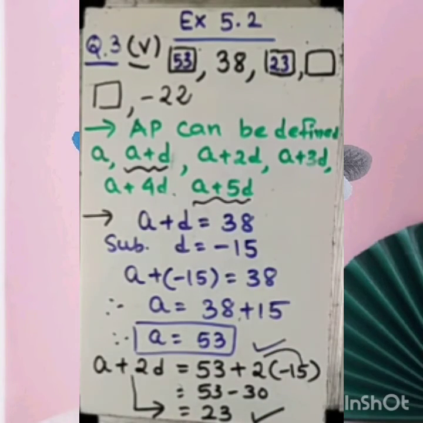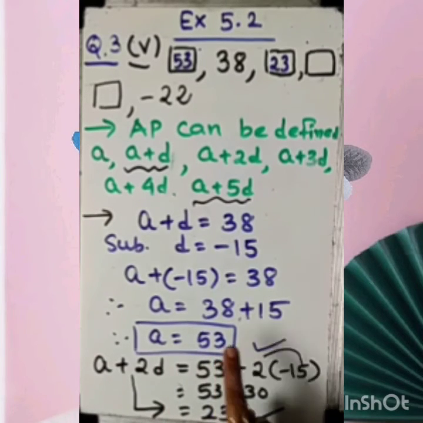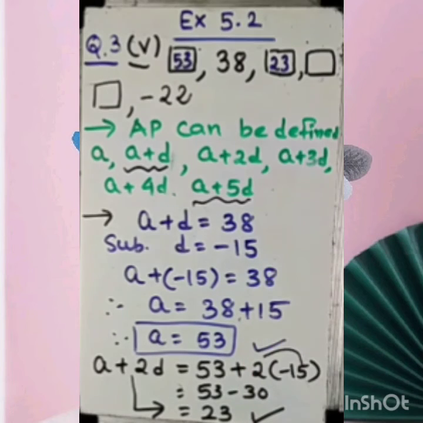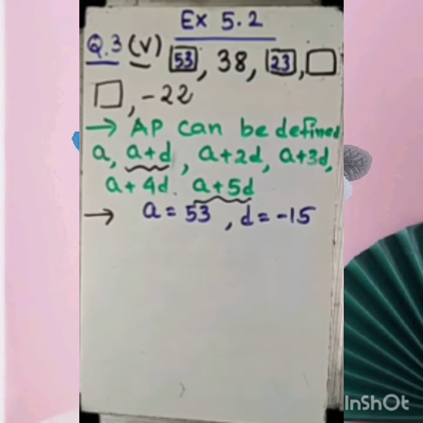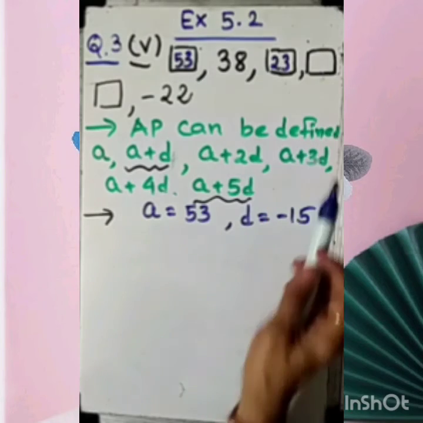Okay. Now, as you have seen, the value of A equals 53 and the value of D equals minus 15. This we need to keep in mind. So, my dear student, as we already found the value of A plus 2D, let's work out A plus 3D now.